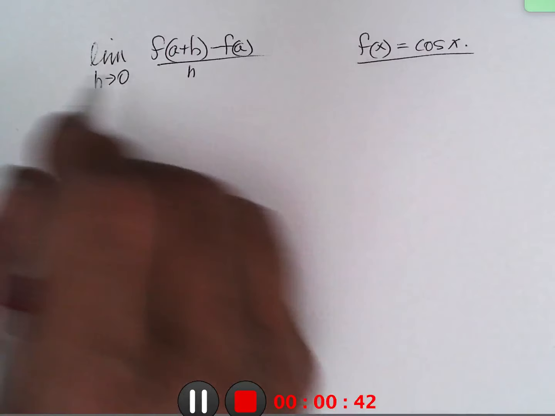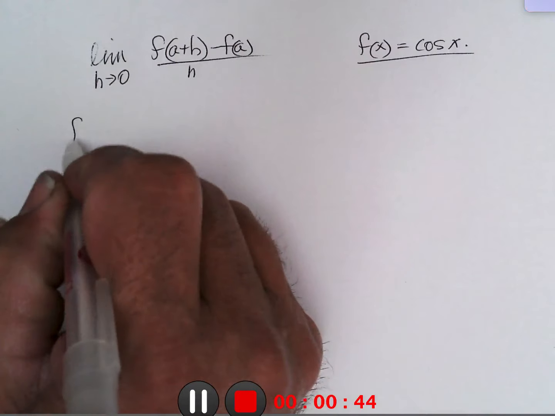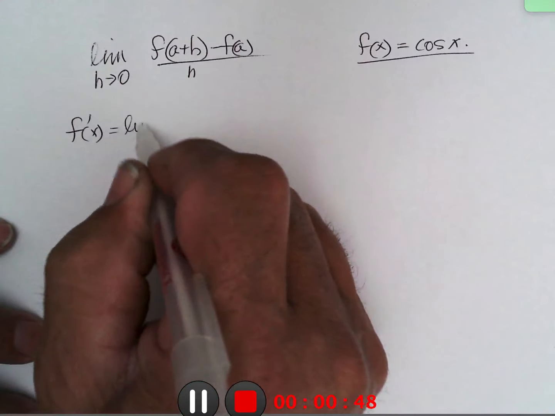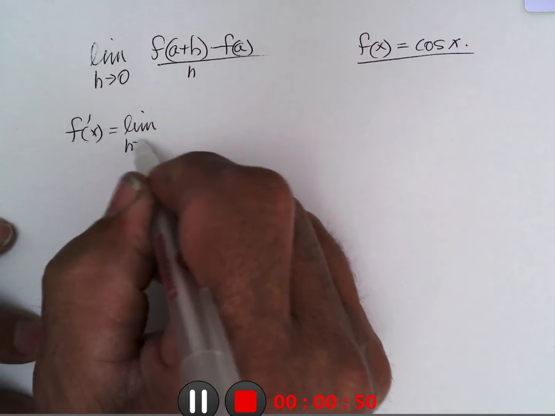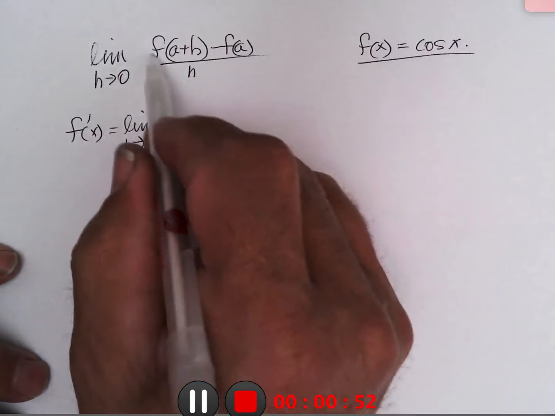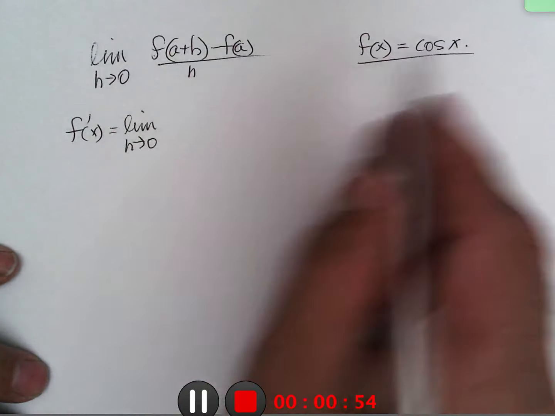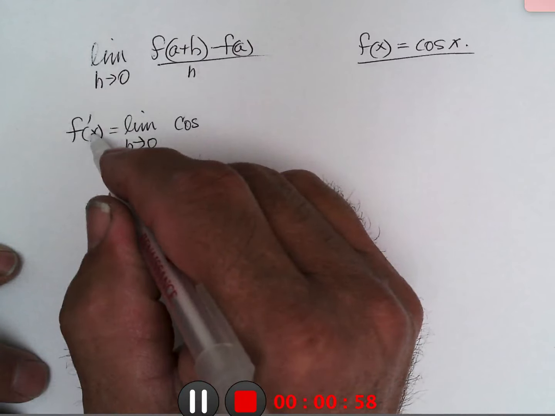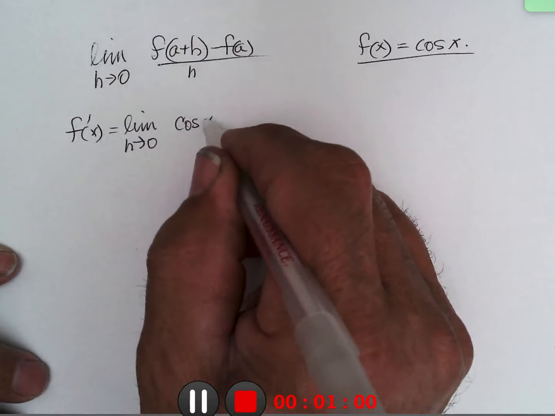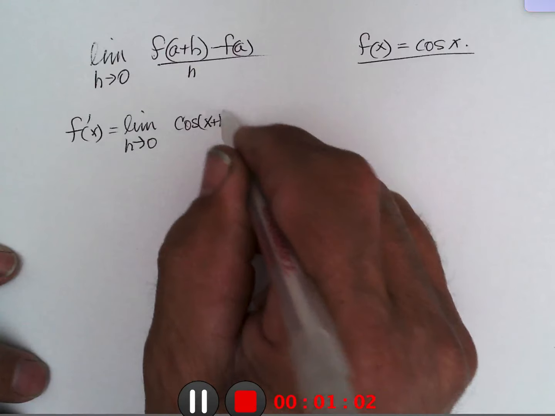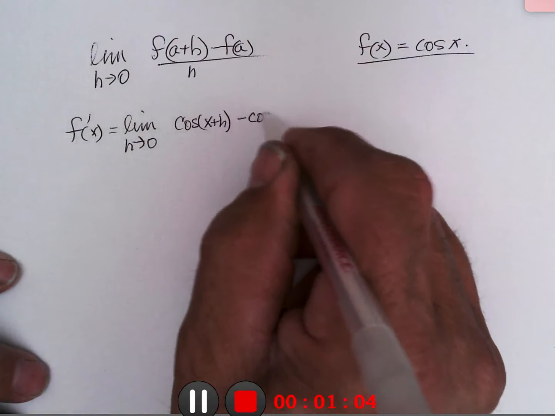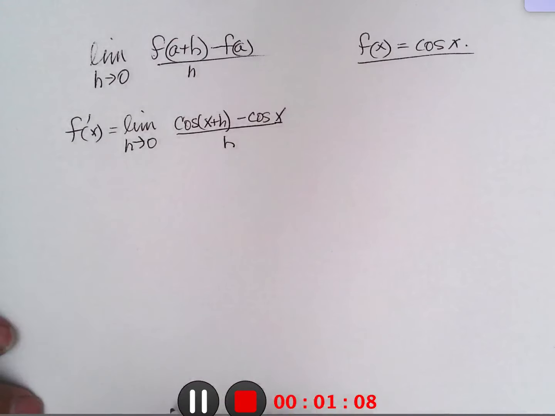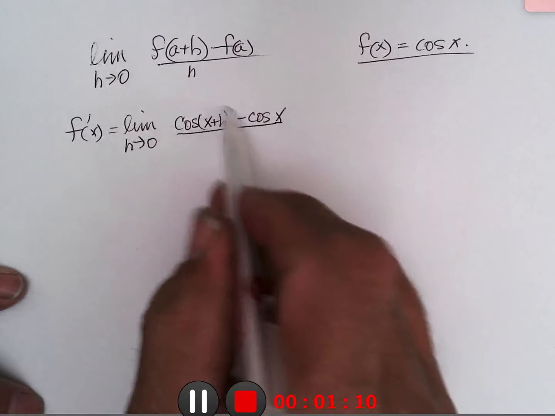So f prime of x would be the limit as h approaches 0 of cosine, and we're doing it at x and not a, so it's going to be cosine of x plus h, minus cosine x, over h. And then there's a formula for the cosine of two angles added.